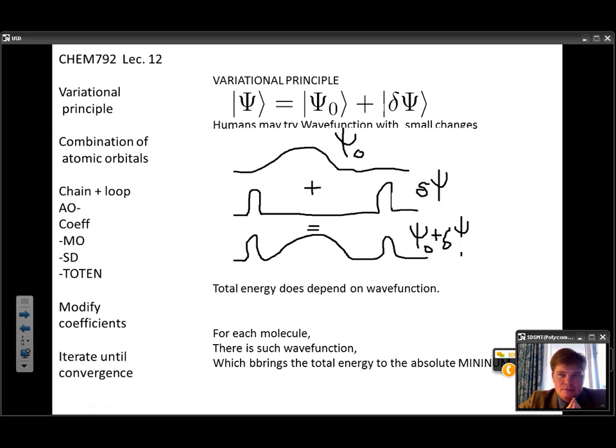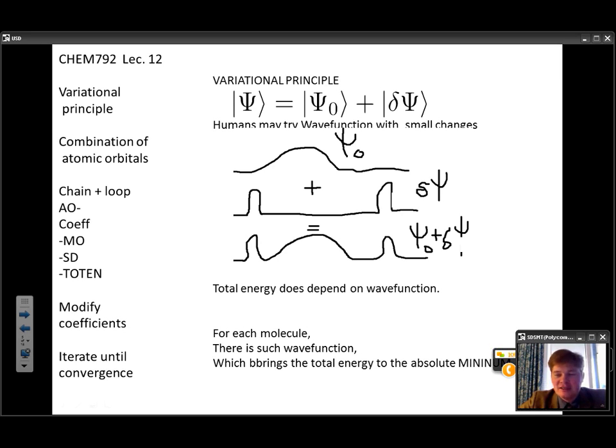So there is a statement, there is a theorem that for each molecule, one can find such many electron wave function that will correspond to a ground state, to equilibrium, lowest possible electronic state. But if it is true, then any wave function which is a little bit different, this delta symbol means small variation of the wave function, will bring the total energy of the system away from the minimum.